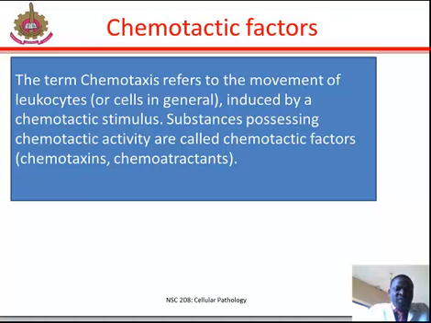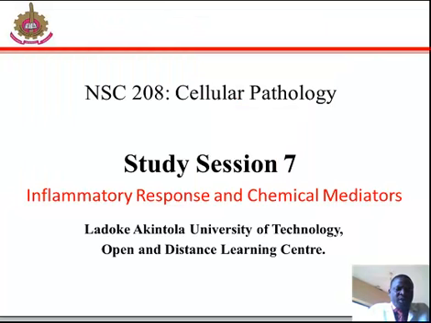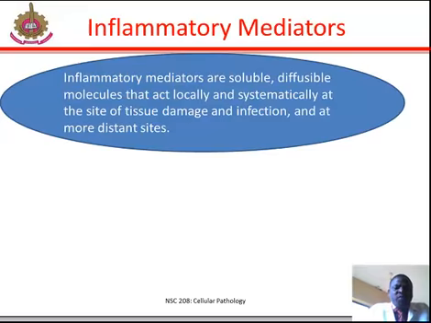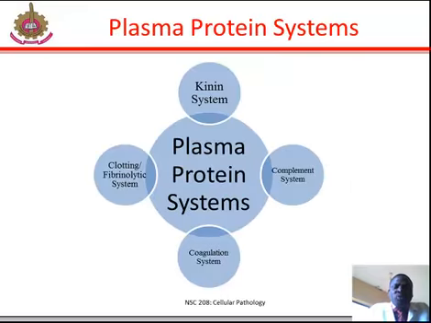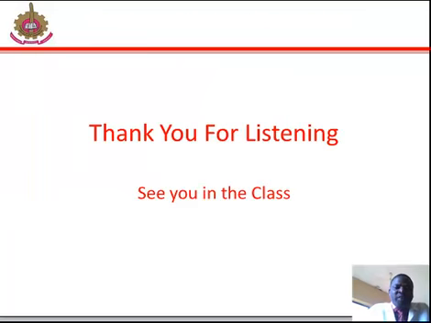And with this, we've come to the end of this discussion in this study session, whereby we have discussed inflammatory response and chemical mediators. We have seen how the body responds to inflammation, and we have seen how chemicals are secreted and the effect of these chemicals on the body. Students, we have come to the end of SS7 of this course, NSC 208, where we are discussing cellular pathology.